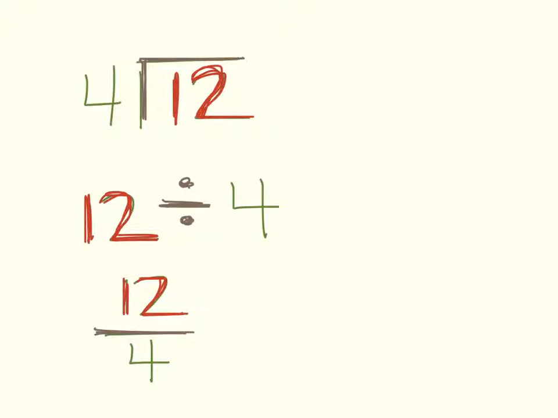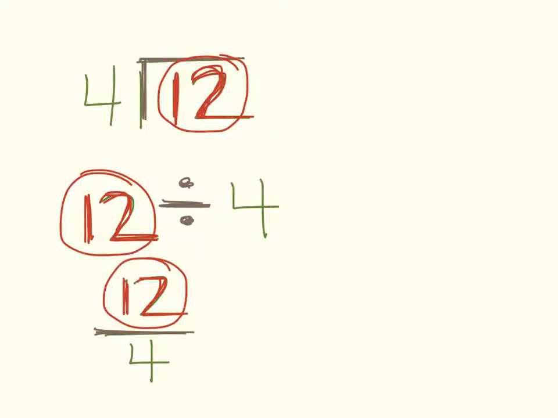And would you believe that a fraction is actually a division problem? Those are the 3 basic ways of writing a division problem. Just as a reminder, you want to start here, and start here when you're reading. So those are the 3 different ways to show division.